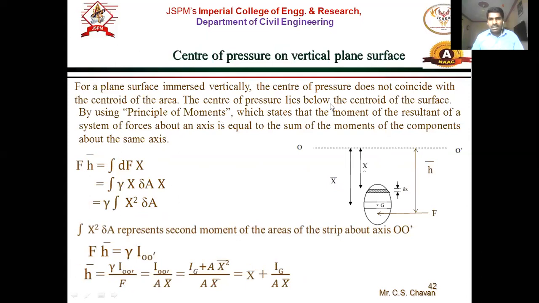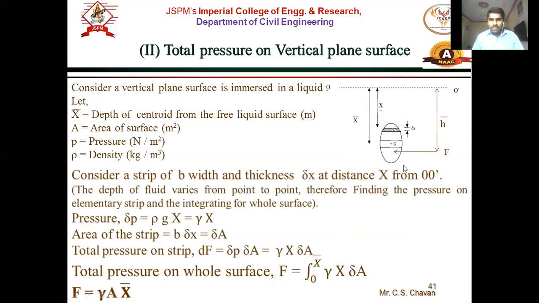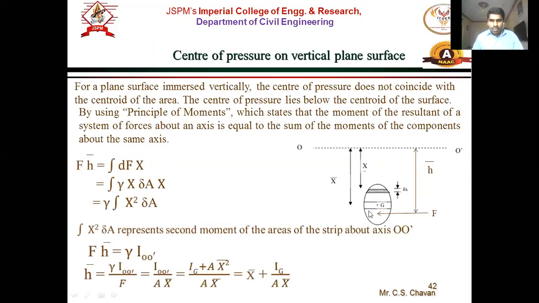The center of pressure lies below the centroid of the surface. This point is below the centroid, right? The center of pressure is always below the centroid. Remember this thing. So the principle of moments is applicable here.